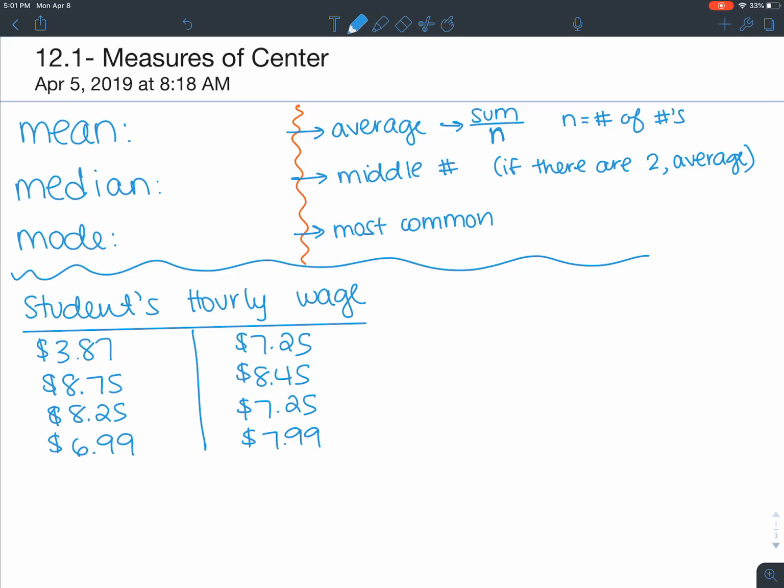But generally, we need to have them in a list either from least to greatest or greatest to least. And then the most common, you could have more than one if there are multiple repeated, but the one that's repeated the most is the mode.